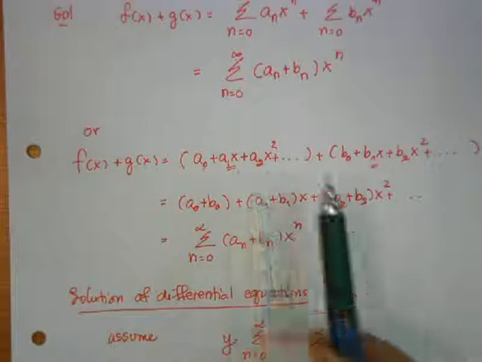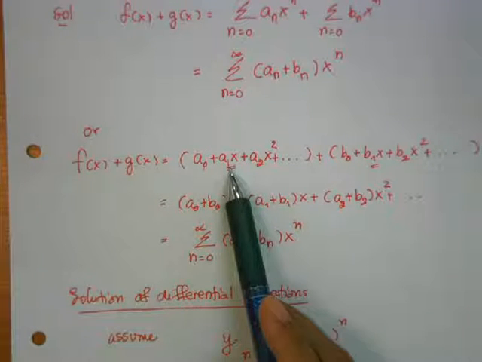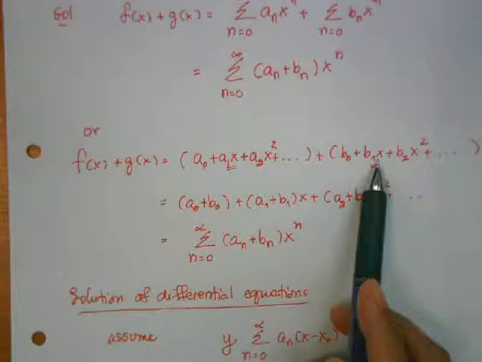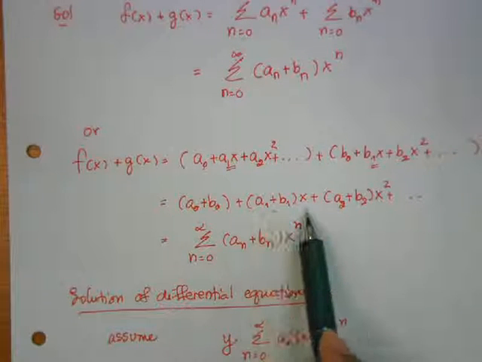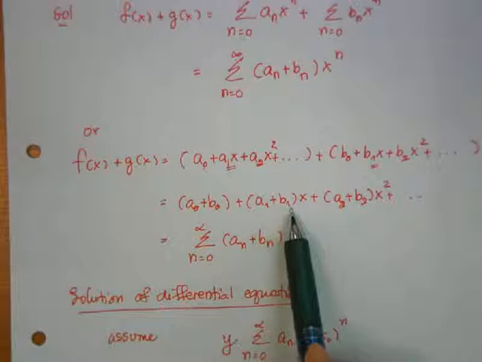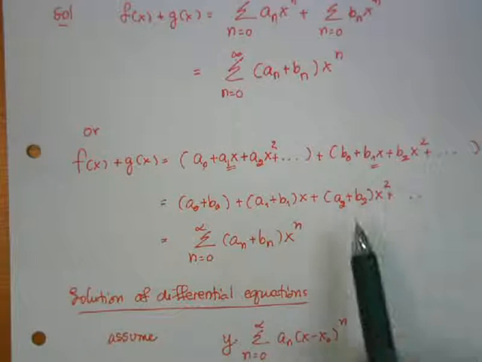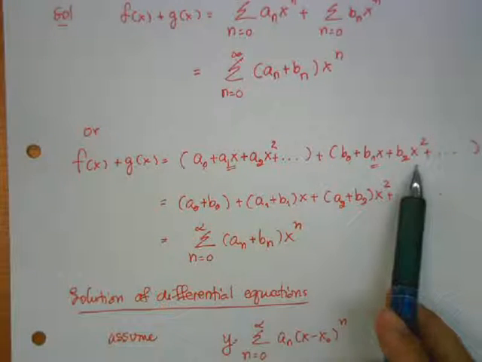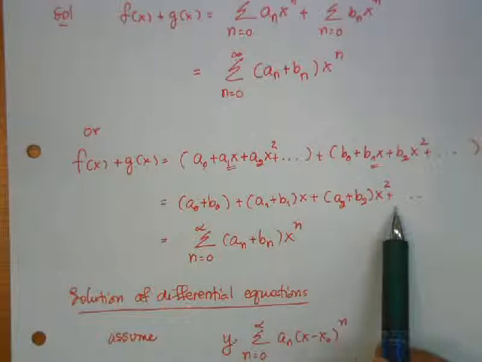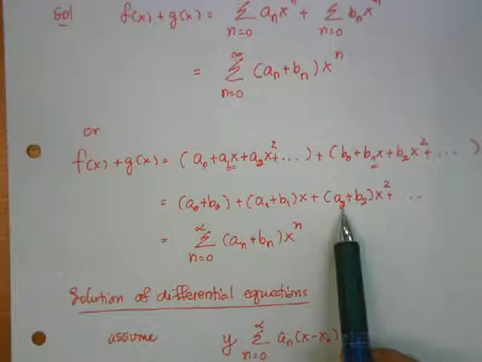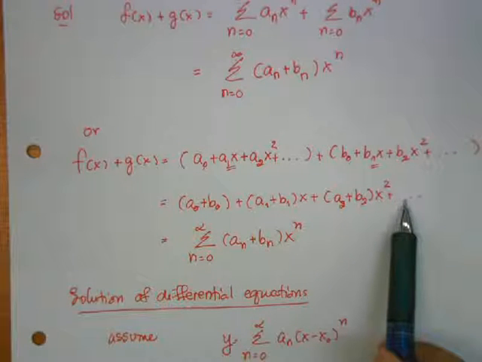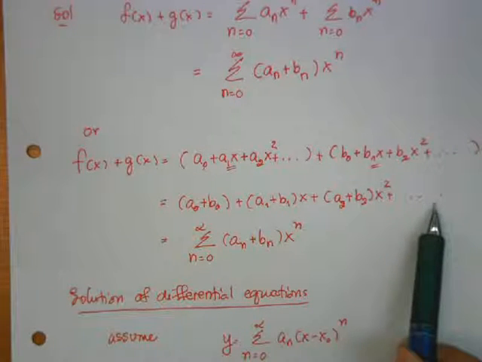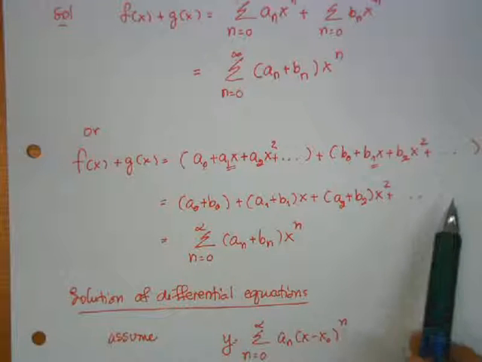And the second term you would get a1x plus b1x. They have the same x, so you take x out, and you would get a1 plus b1. And you do the same for the next terms. So you would get a2 plus b2 times x squared, and the next term will be a3 plus b3, and the whole thing times x to the power 3, and so on.